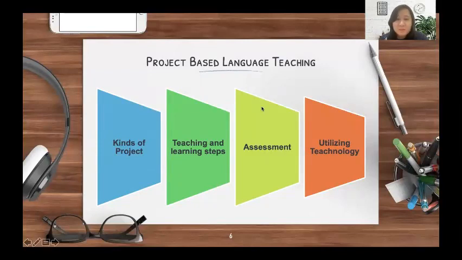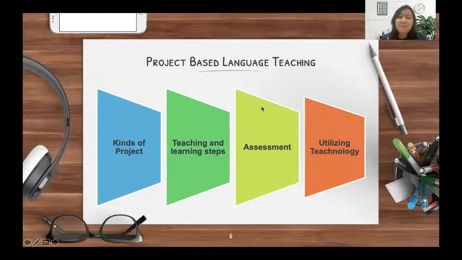There are some theories about teaching steps or activities of project-based learning. Generally, the teaching steps of project-based learning consist of project preparation, project finalization, project presentation, and project evaluation. The important thing is that the teaching steps must provide opportunity for students to practice their language that can promote their language skill improvement.